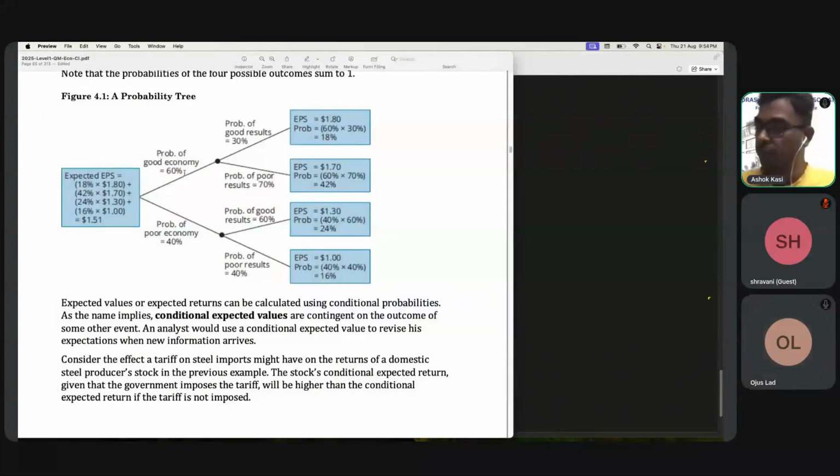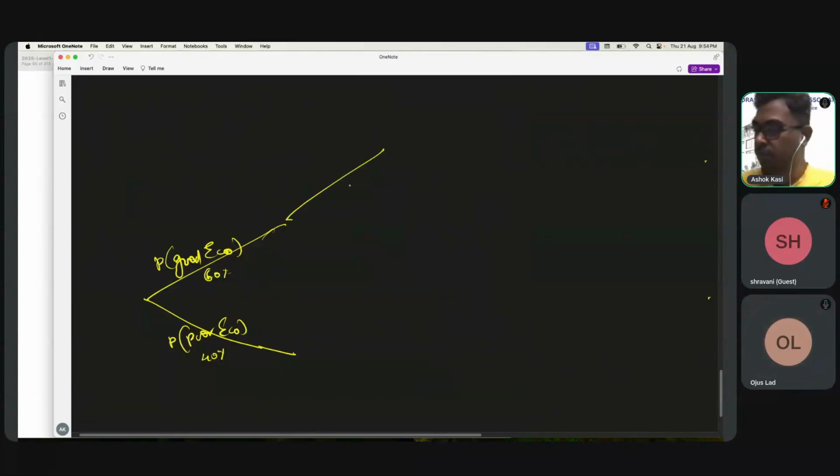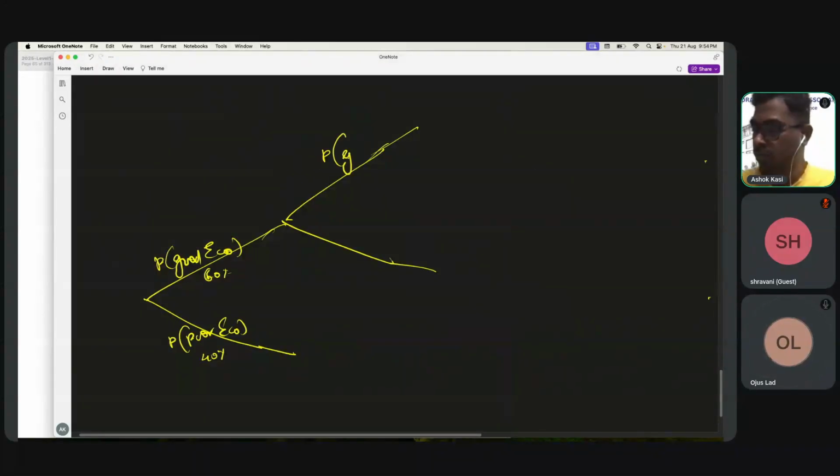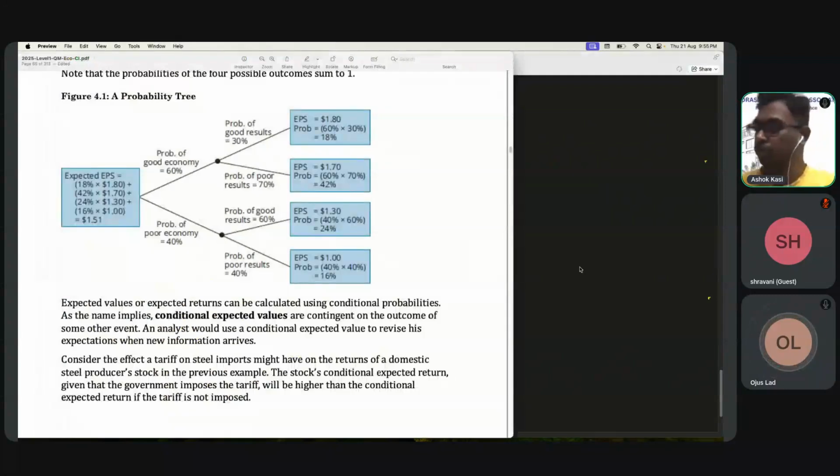Then if good economy is there, then probability of good result is 30%. Probability of poor result.